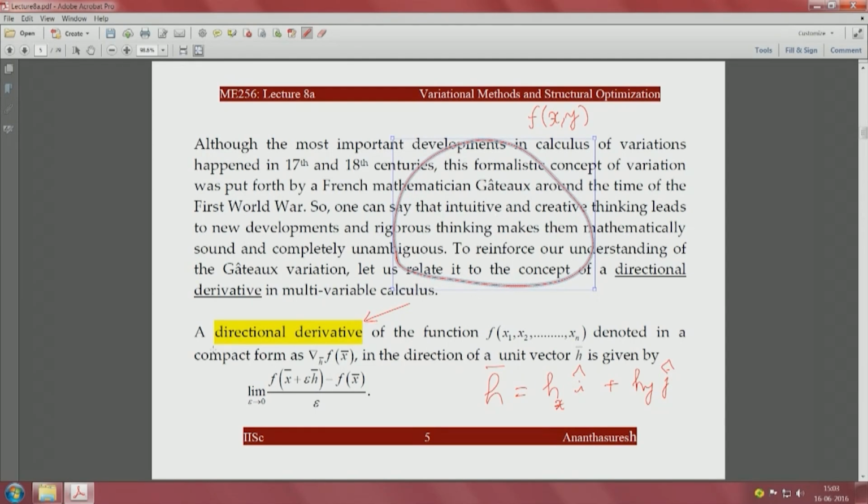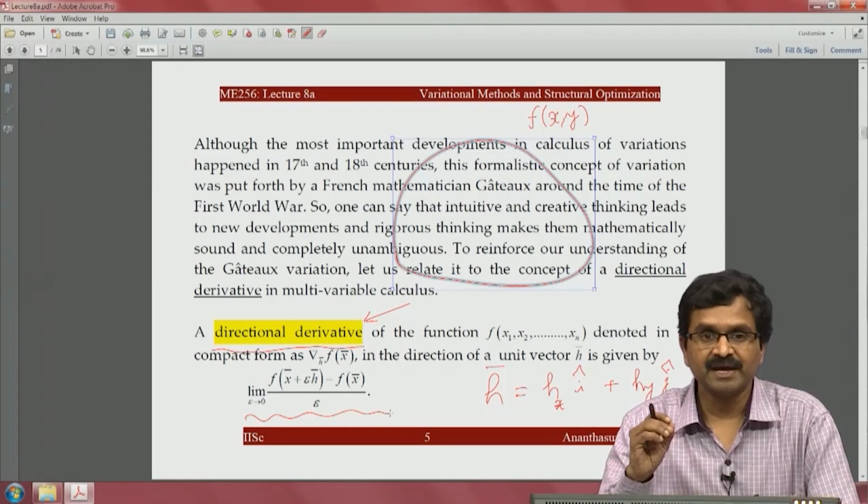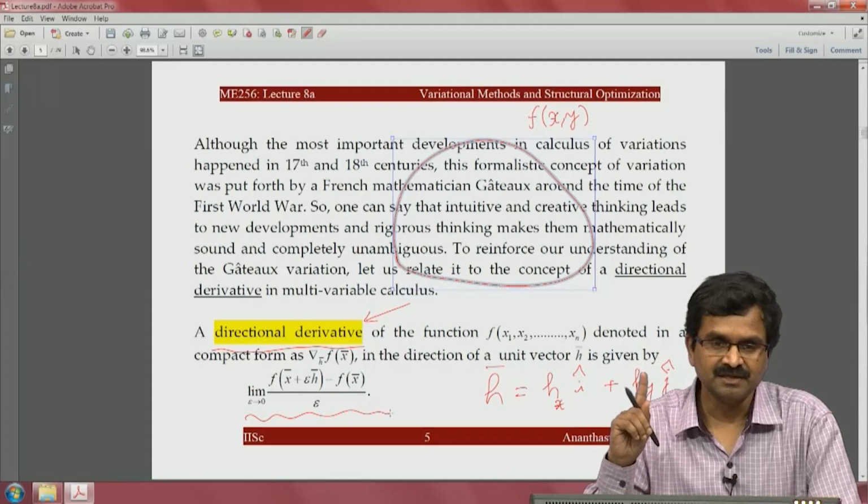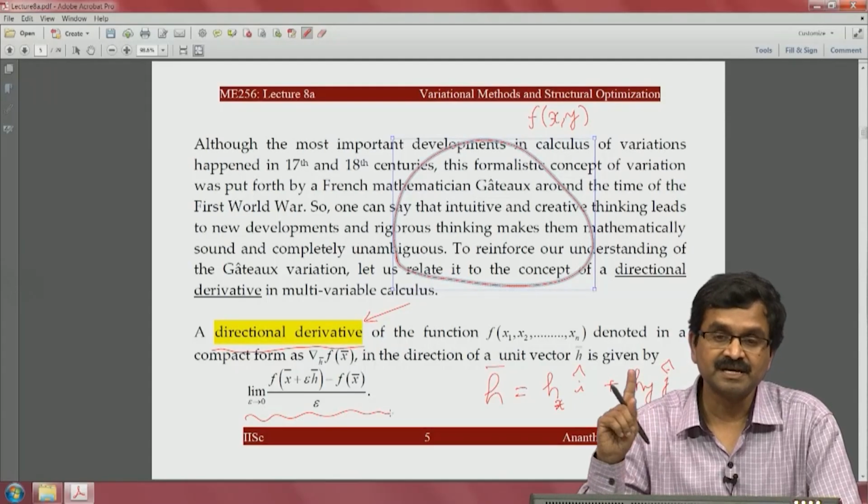That is given by this concept of the directional derivative, which is defined in this manner. Anything that is a gradient is always defined in terms of a limit. Here, limit epsilon tending to 0, f of x plus epsilon times h. Here h is not arbitrary, although you can ask the rate at which a function changes in any direction.